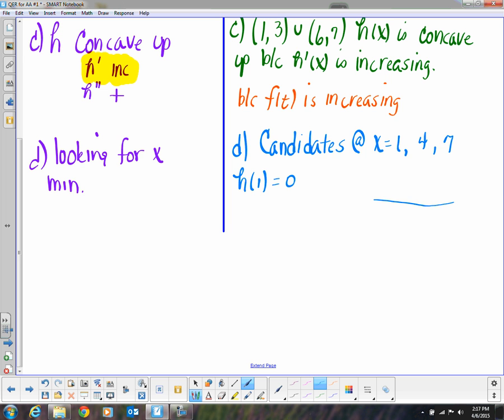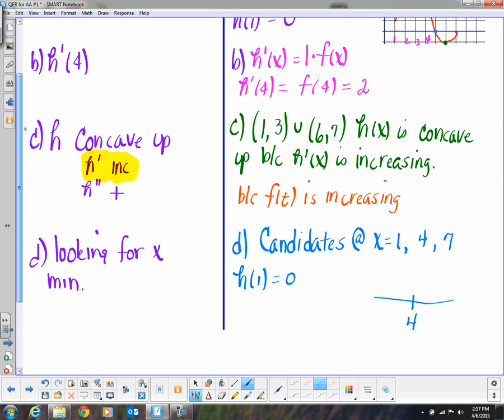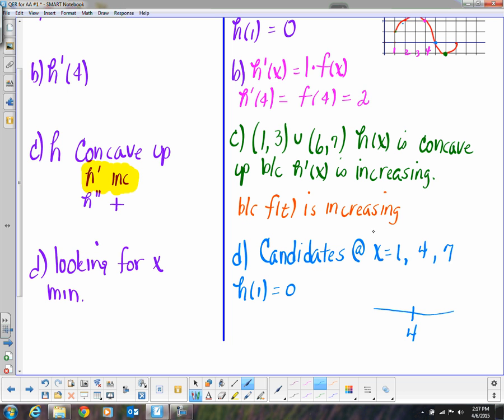If we look at 4, what do we know? We know because this graph is above the x-axis, I've been increasing until 4. And because that's below the x-axis, I've been decreasing over to 7. So, because I went increasing to decreasing, that means that h of 4 is going to be a maximum.